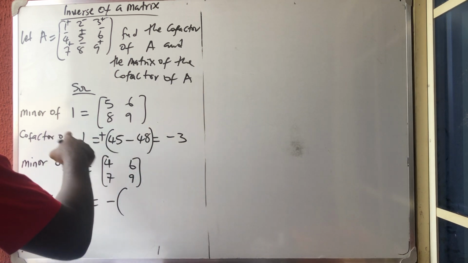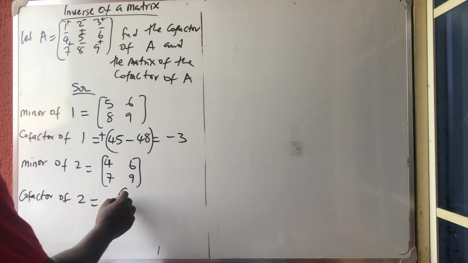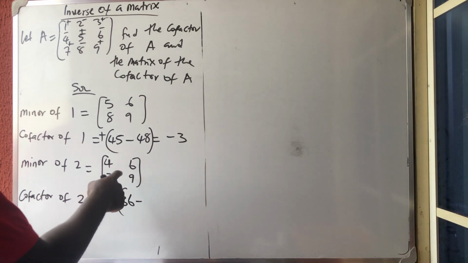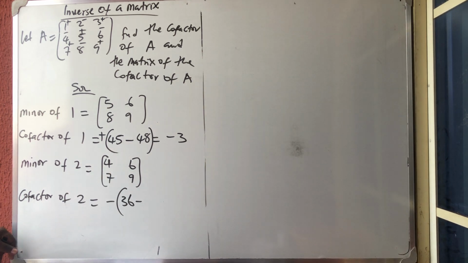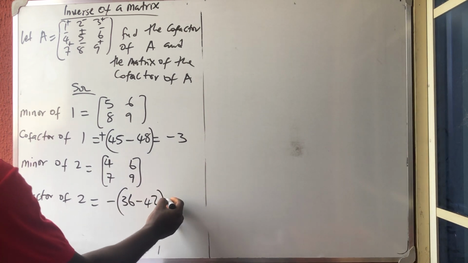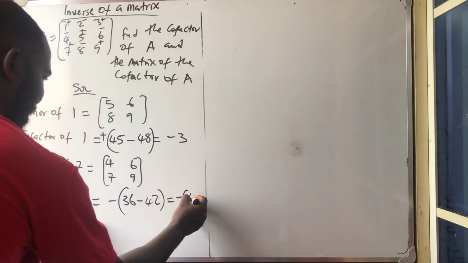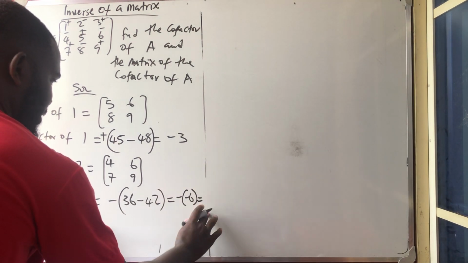Left, right, you must go left before right: 4 times 9 is 36 minus 6 times 7 which is 42. If you do both of them, you have minus into minus 6, which gives exactly 6.